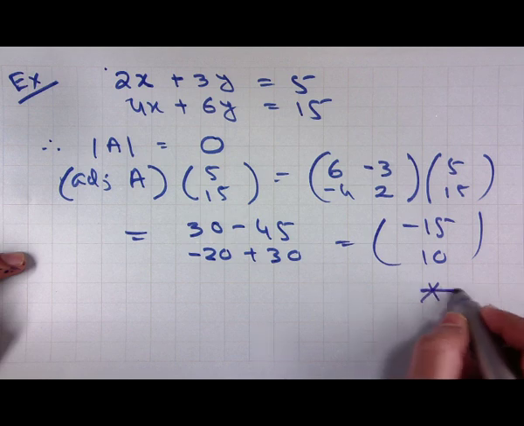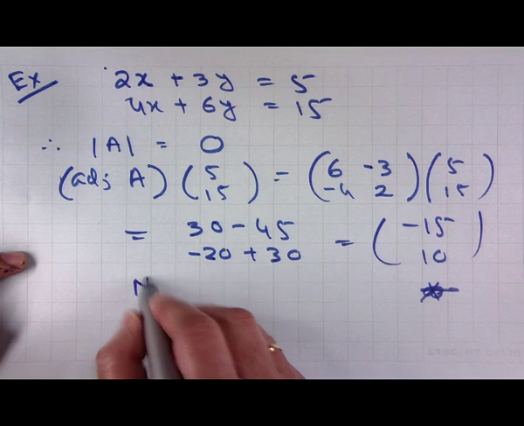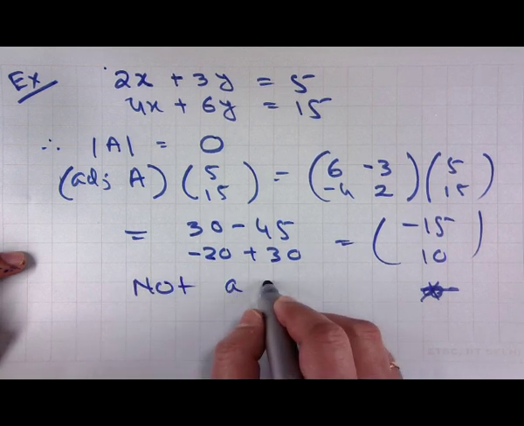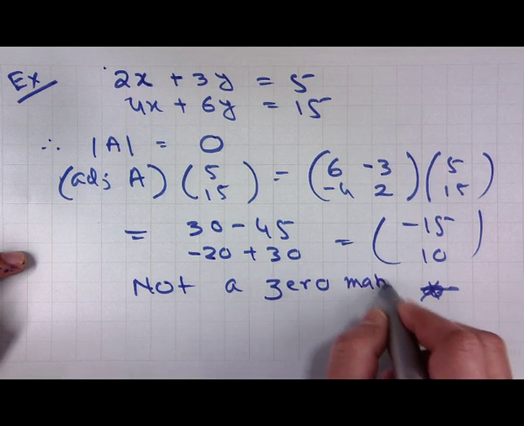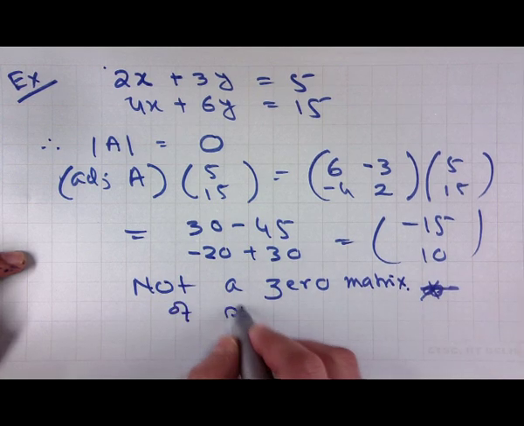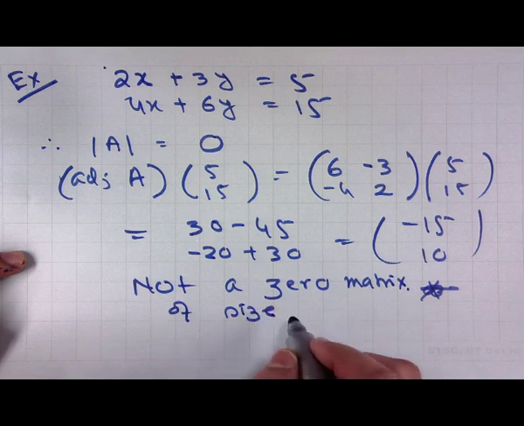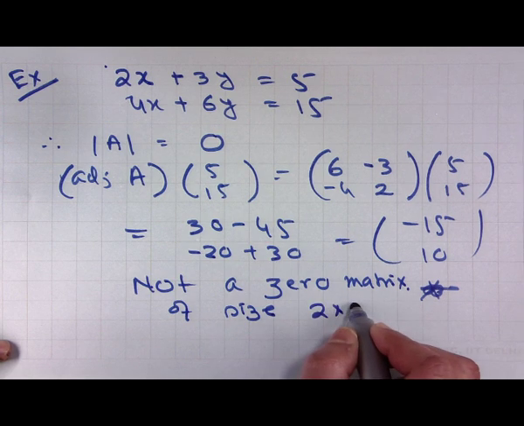This is not a 0 vector, not a 0 matrix of size 2 cross 1.